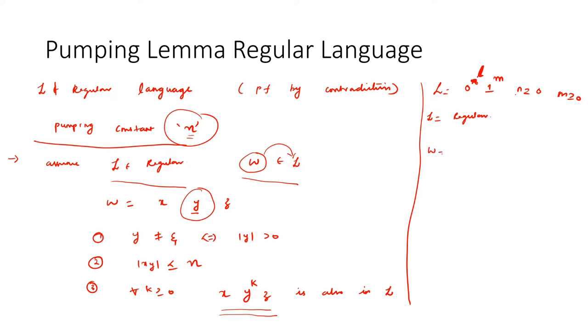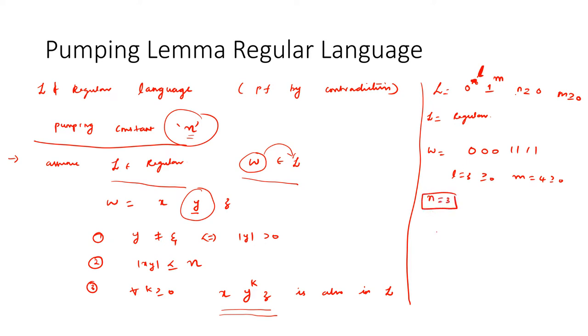Now let's take a string w equals 0, 0, 0, 1, 1, 1, 1. This is a part of the language. Why? Because L equal to 3, this is greater than or equal to 0, m equal to 4, and this is also greater than or equal to 0. Now because this is a string that belongs to a regular language, we can partition into x, y, z. And let me take the pumping constant n equal to 3, let's assume.